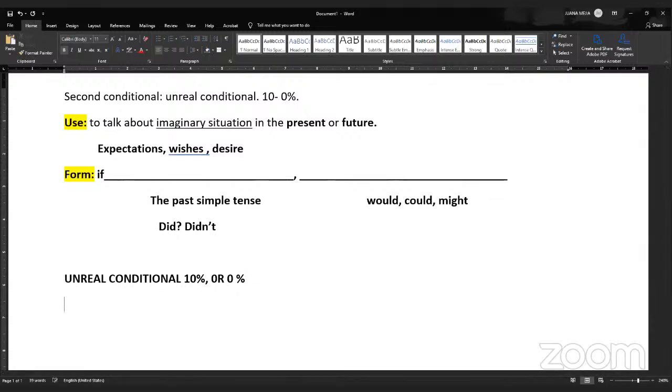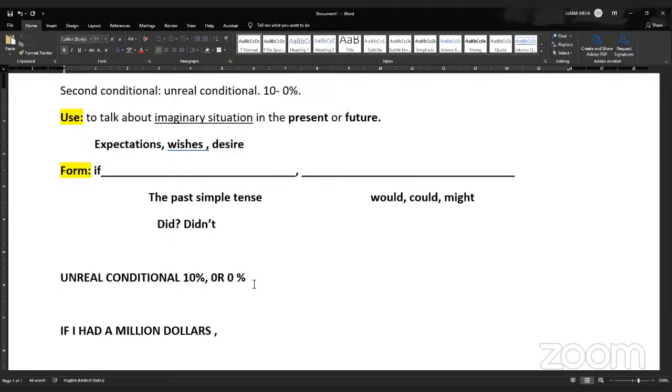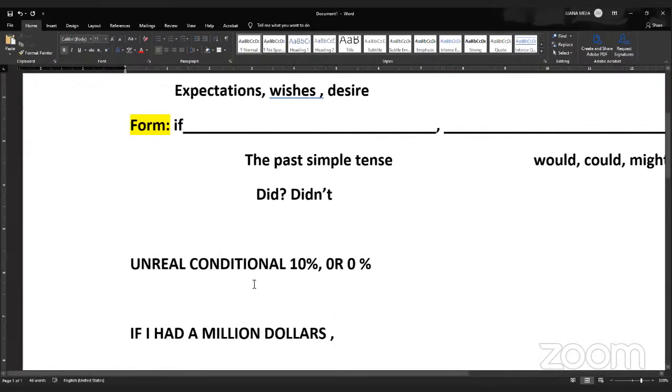For example, you see, this is my expectation.